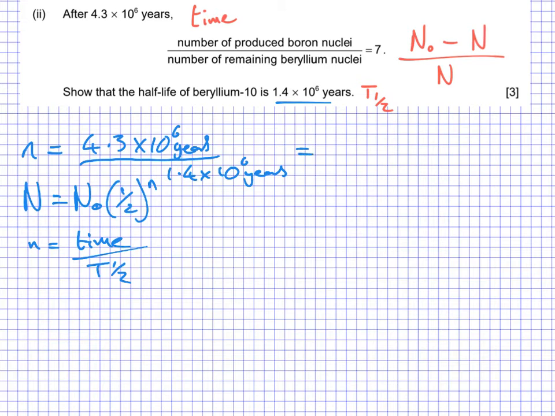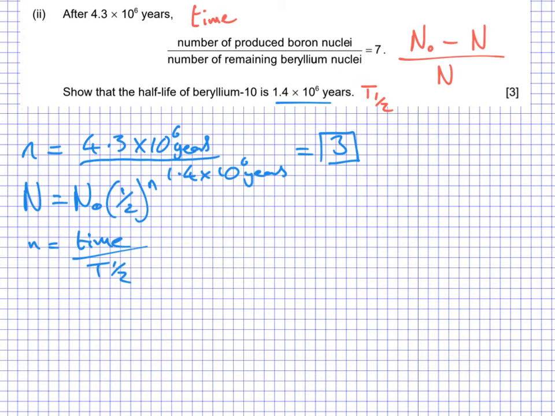So this gives me an n exponent ratio of 3. So this should tell me that I've had 3 half-lives elapsed. The ratio between the time elapsed and the half-life is giving me this integer number of 3, and at standard level you won't have to do anything that's not a straight integer. So we know that 3 half-lives have elapsed.